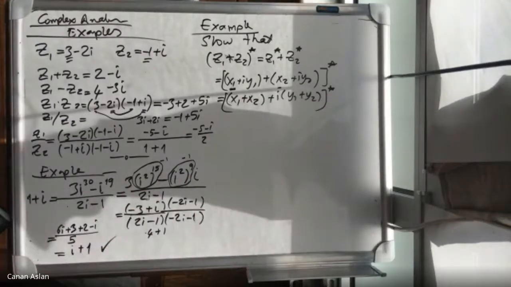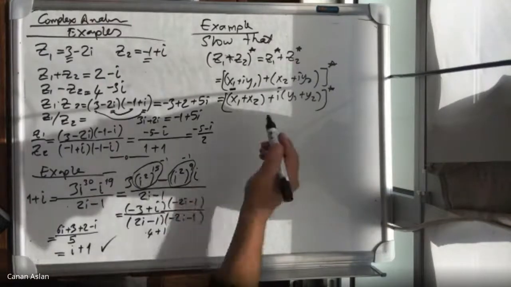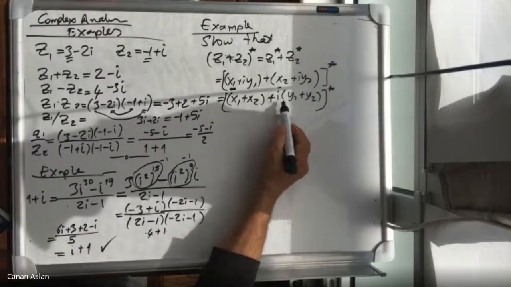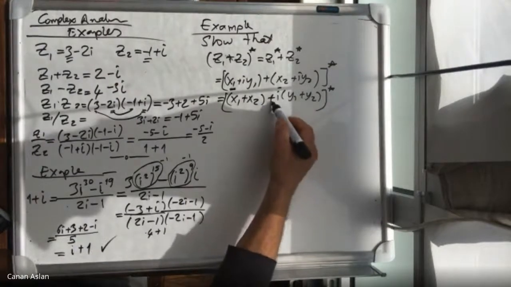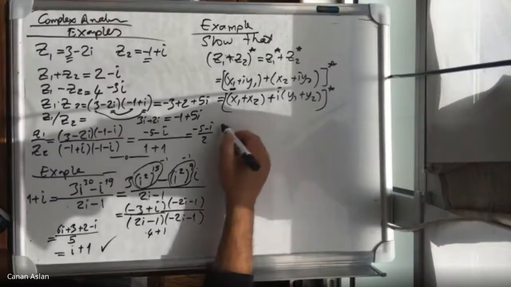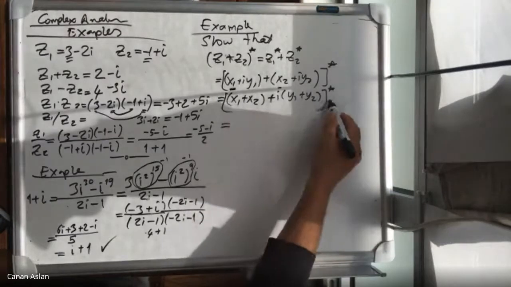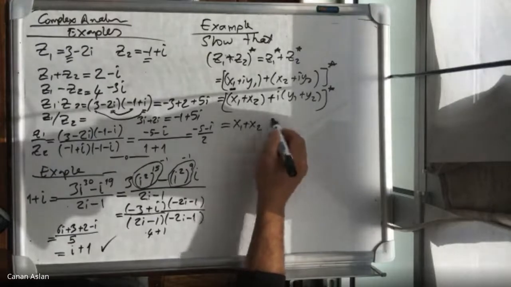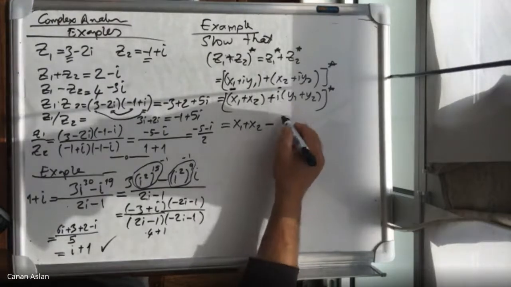Now, how can we get the complex conjugate of it? Remember that we have to change the sign of the complex part, but the complex part is just this part. So the complex conjugate of the whole thing is to keep the real part exactly as is, and then change the sign of the imaginary part.